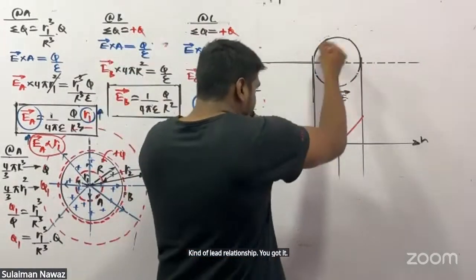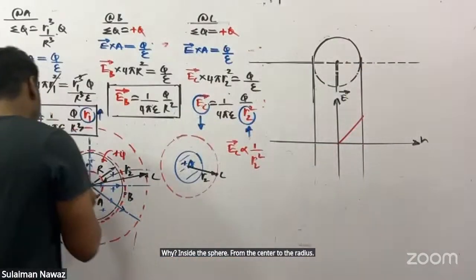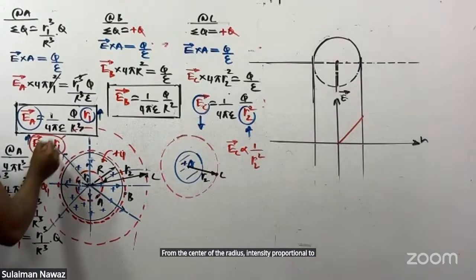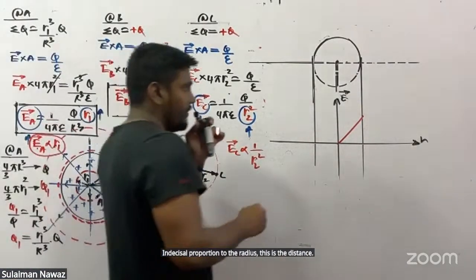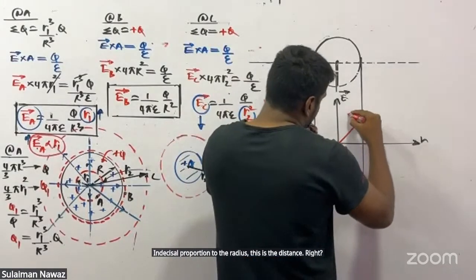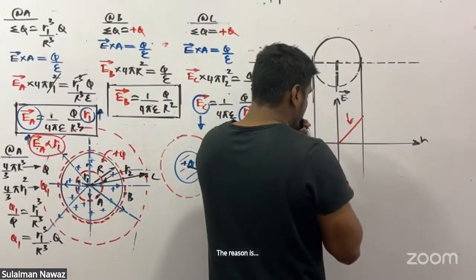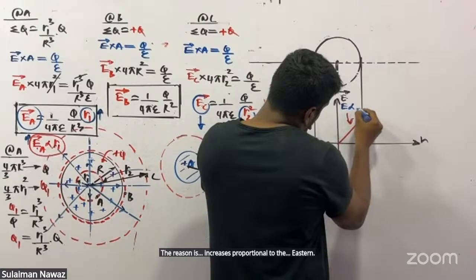Why? Inside the sphere, from the center to the radius, intensity is proportional to the radius, which is the distance. The reason is intensity is proportional to the distance.